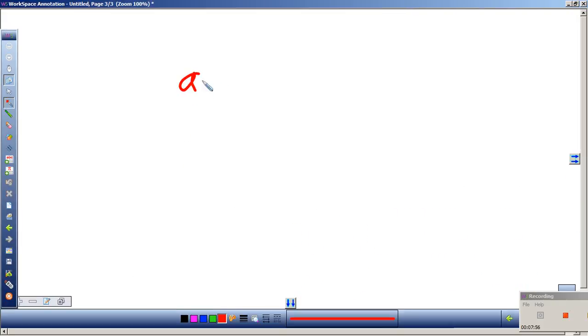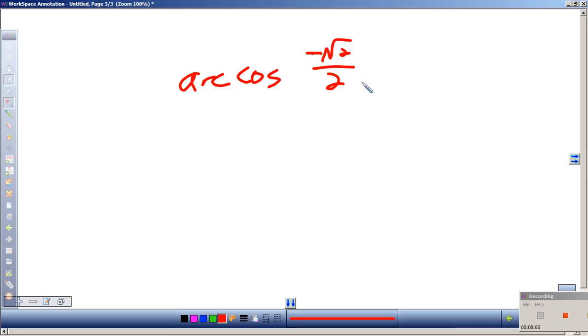How about this? Arc cosine of negative root 2 over 2. So you're going to have questions like this, possibly on the test, but on the homework, you should be able to do it without a calculator. So where does the cosine equal negative root 2 over 2?